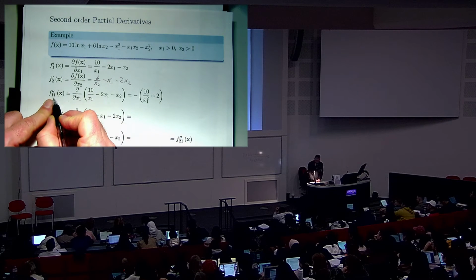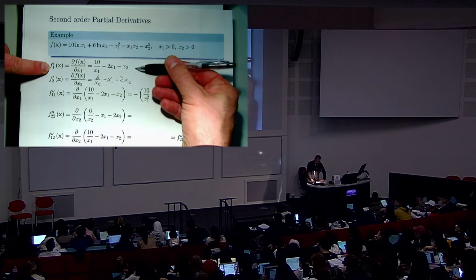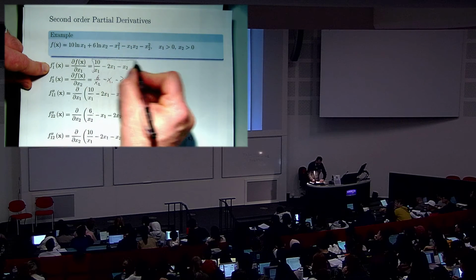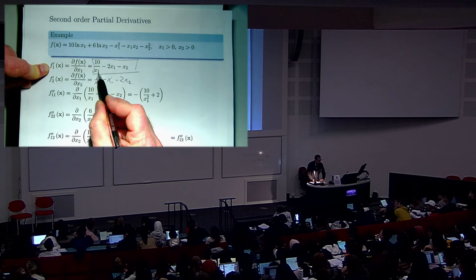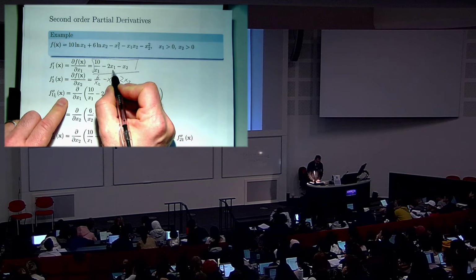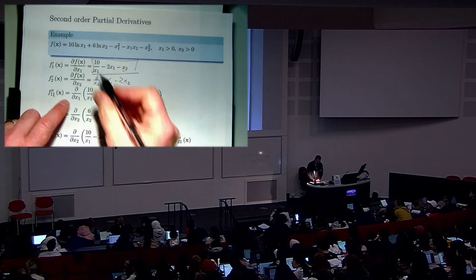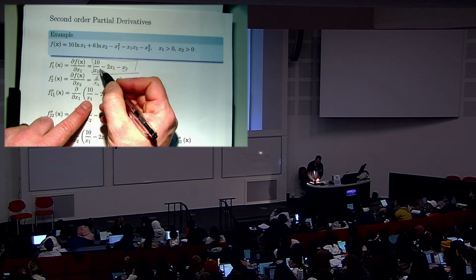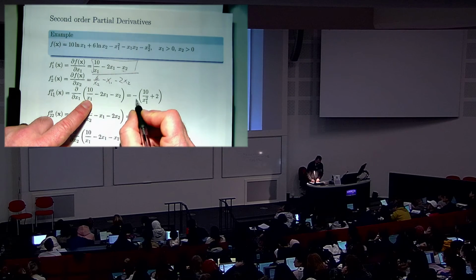So then the second order partial derivative, f11, means we take this guy here and find the derivative with respect to x1 again. That was the second x1. So we are treating all the x2 terms as a constant. So this here will be a constant. 10 over x1, that's the same as 10 times x1 to the negative 1.